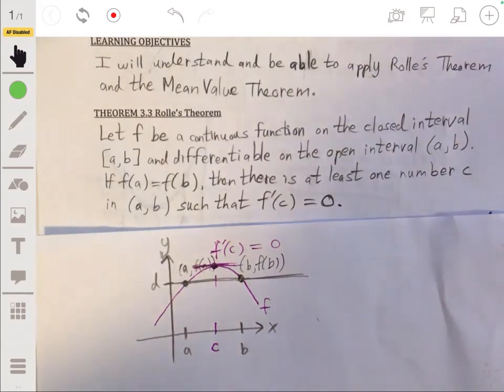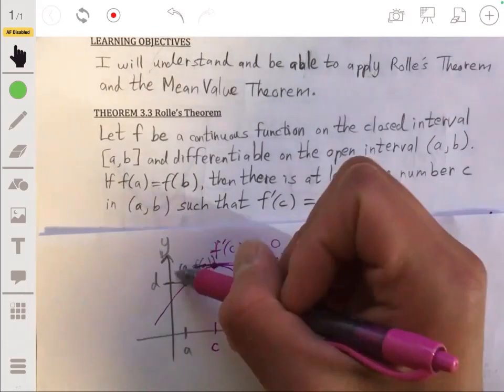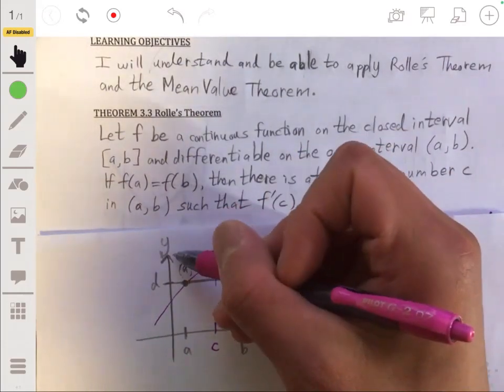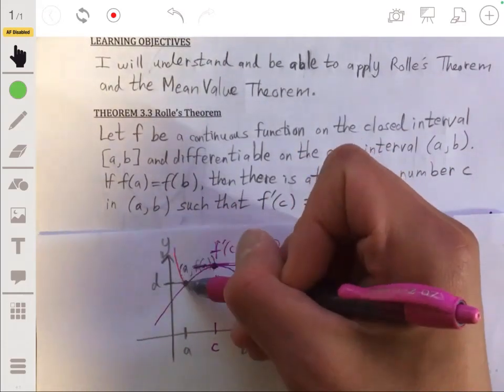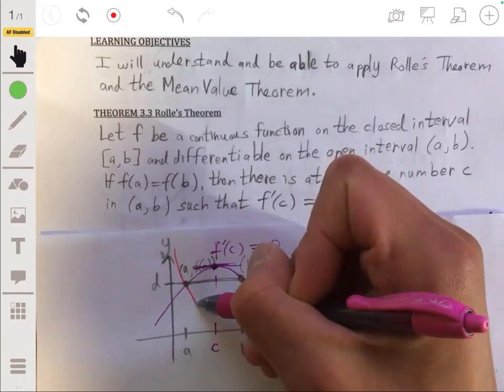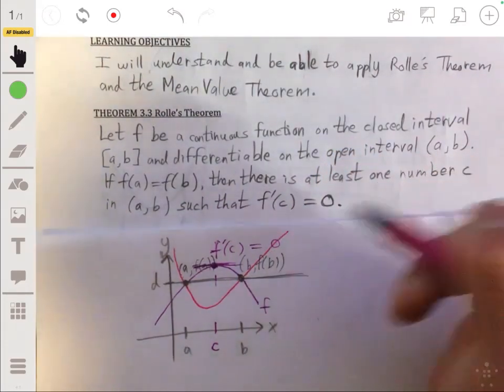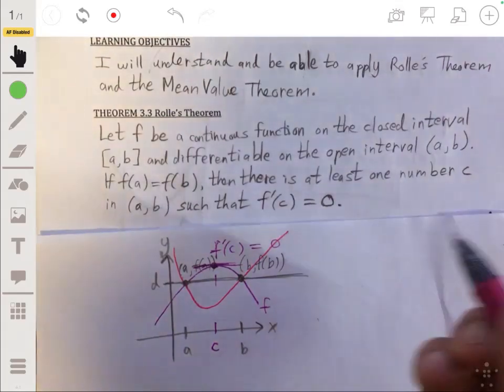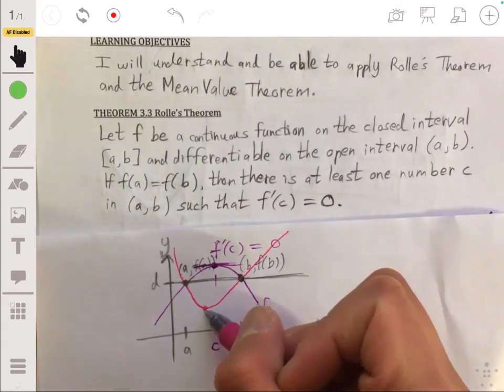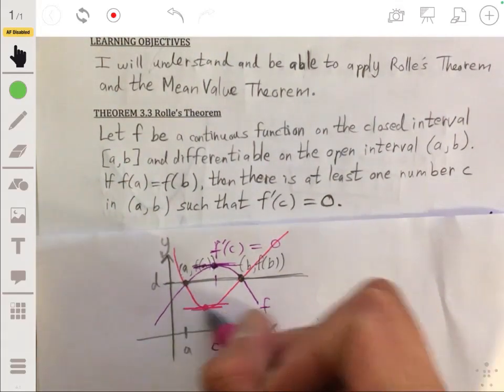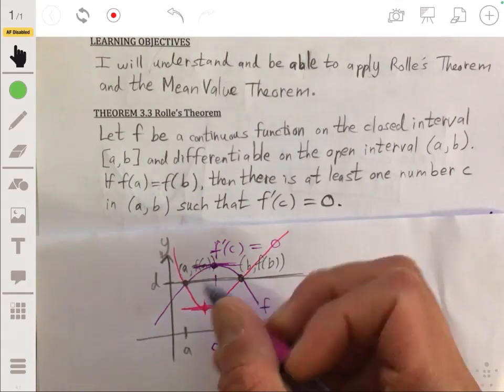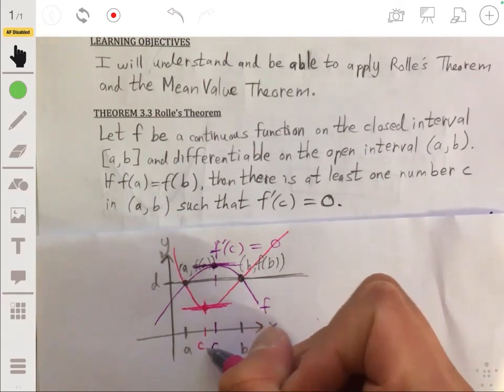The function doesn't have to just be going up like that. If I do a function with the same endpoints that goes downward but comes back up, I would still have a horizontal tangent line here. I'll call it c1.